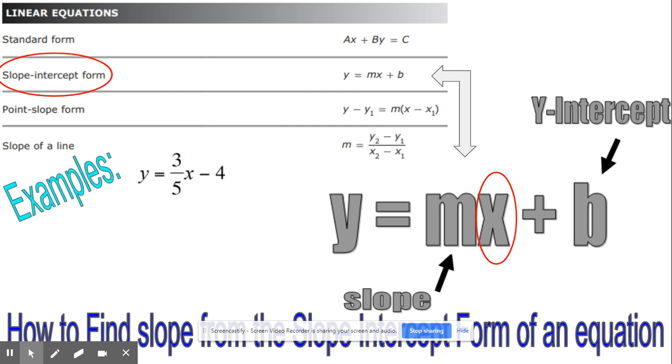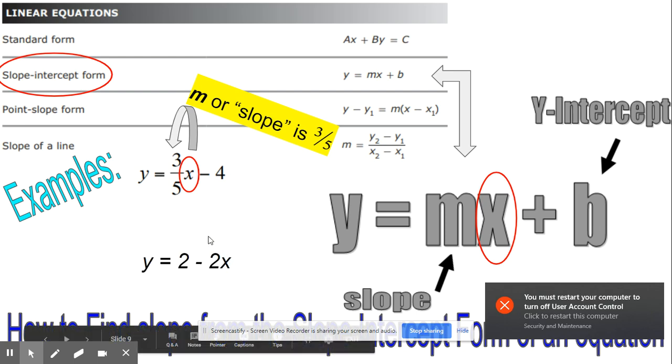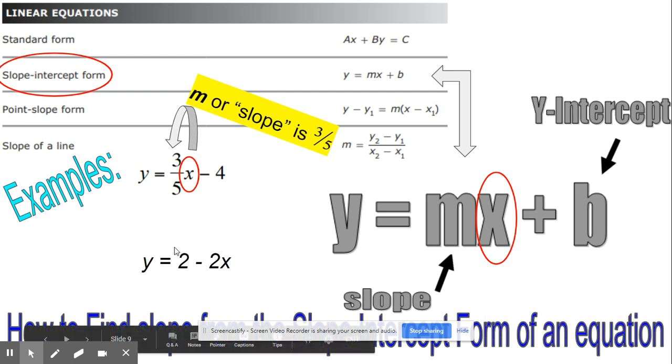All right, so let's look at some examples. Sometimes they're going to be written out like this: y equals 3/5 x minus 4, and it's pretty easy to see in that case. I find my x, and my coefficient is 3/5. So my slope is 3/5, or my m. Sometimes it's written backwards, not typically mathematically, that's not going to happen, but sometimes on tests people like to try and trick you.